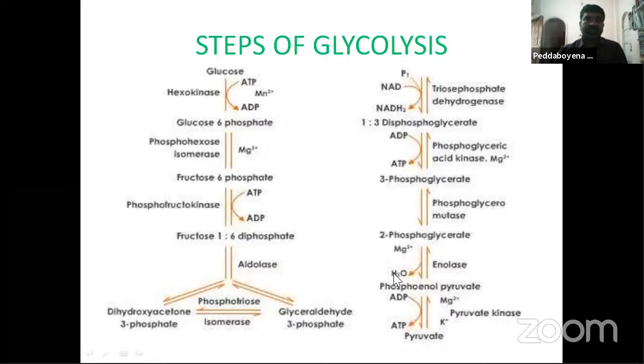Next, the isomer fructose 6 phosphate is similarly converted into fructose 1,6 bisphosphate.